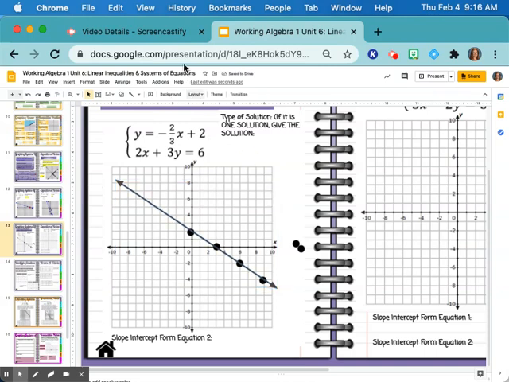Okay, but the other one, that is not in y equals form. So in your journal, we are going to solve this. So this is now slide 13.